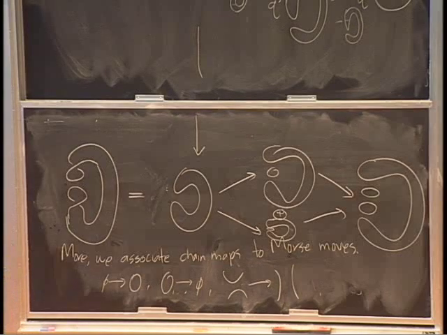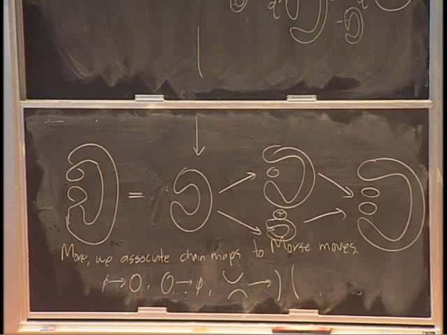Now, we can take an arbitrary isotopy and write it as a composition of elementary moves, which are just Reidemeister moves and these Morse moves. The problem is that there's no unique way to write an isotopy as a composition of Reidemeister moves and Morse moves.